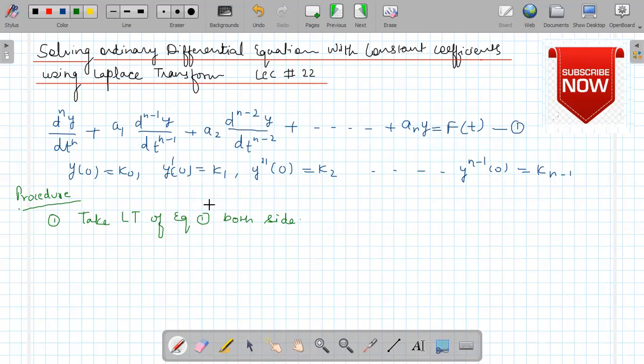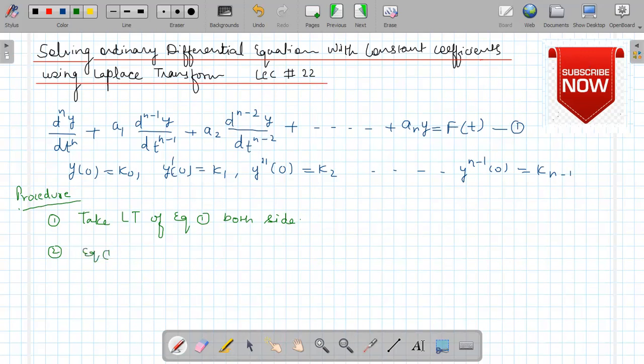Then by linearity property, the Laplace transform will go inside the bracket and it will work on each term. After that, when you apply Laplace transform and use the formula of derivatives, that differential equation, after applying the initial conditions, will convert into an algebraic equation.